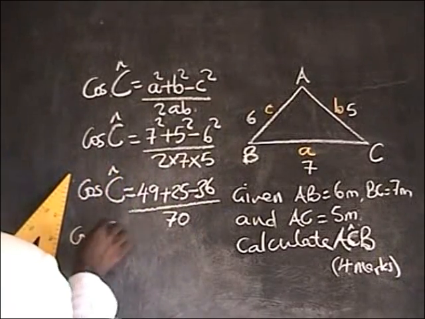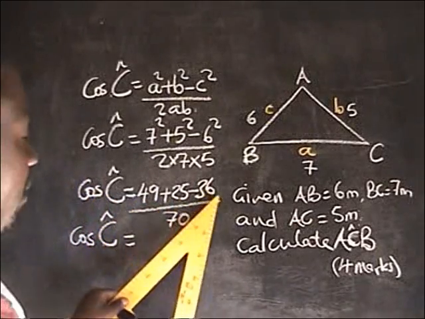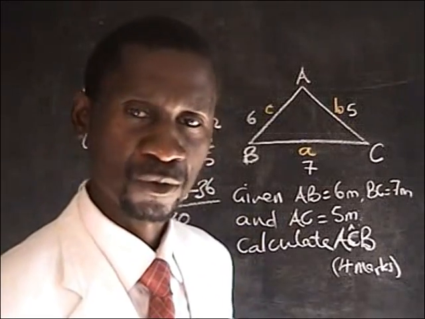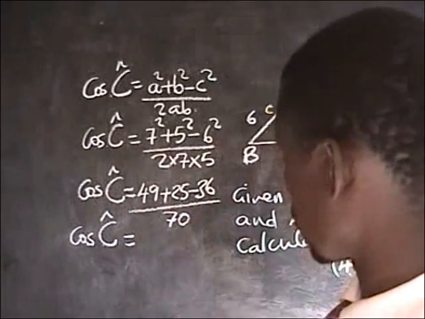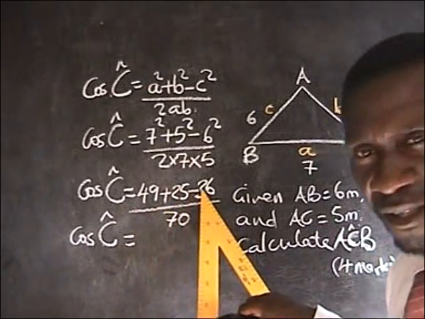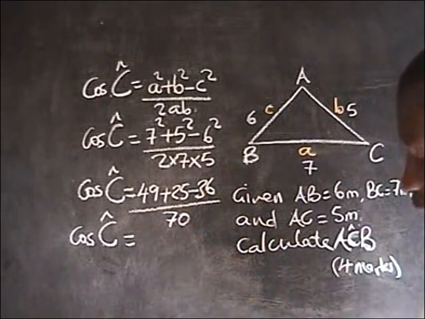Then you come down, this is cosine C capital equals 49 plus 25, then minus 36. In the first place, you have to get the sum of the first two numbers, 49 plus 25, then you take away 36, then you get that difference.